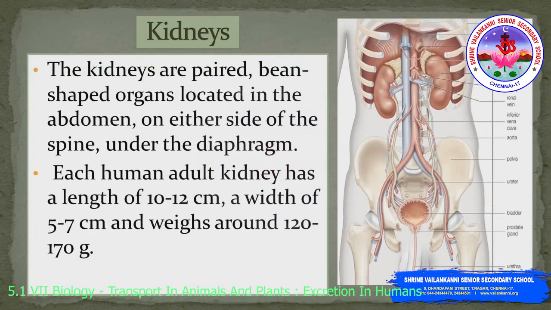The kidneys are paired, bean-shaped organs located in the abdomen. They are present on either side of the spine under the diaphragm. Each human adult kidney has a length of 10 to 12 centimeters, a width of 5 to 7 centimeters, and weighs around 120 to 170 grams.